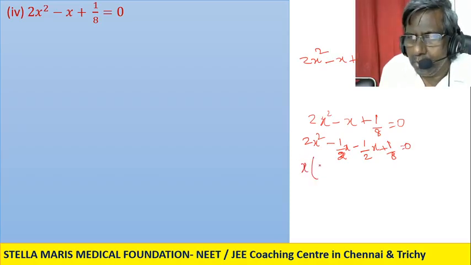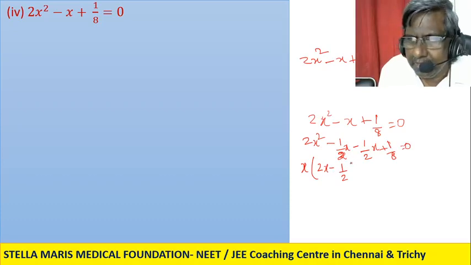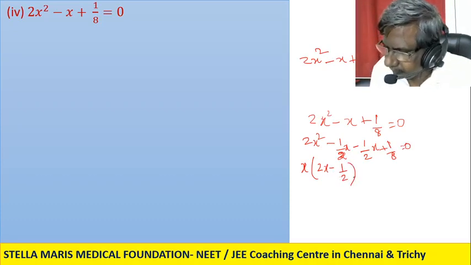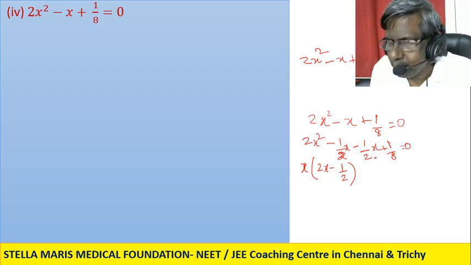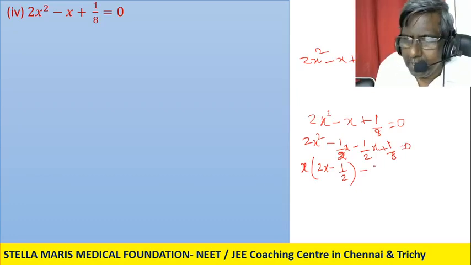So it will be 2x minus half. Am I right? 2x minus half into x, and here minus 1 by 2x plus 1 by 8 can be written as minus 1 by 4 into 2x minus half is equal to 0.